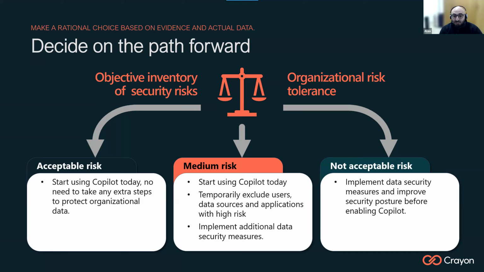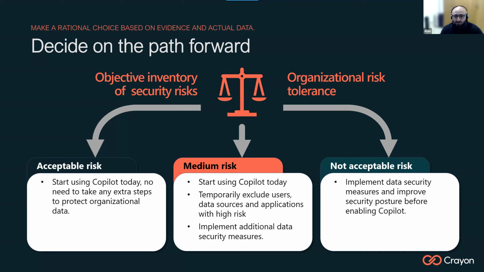The implementation approach varies based on the risk tolerance. For organizations with acceptable risk level, the process is straightforward. You can just start using Copilot immediately by assigning the license to the users, and the process begins automatically without needing extra steps to protect organization data.